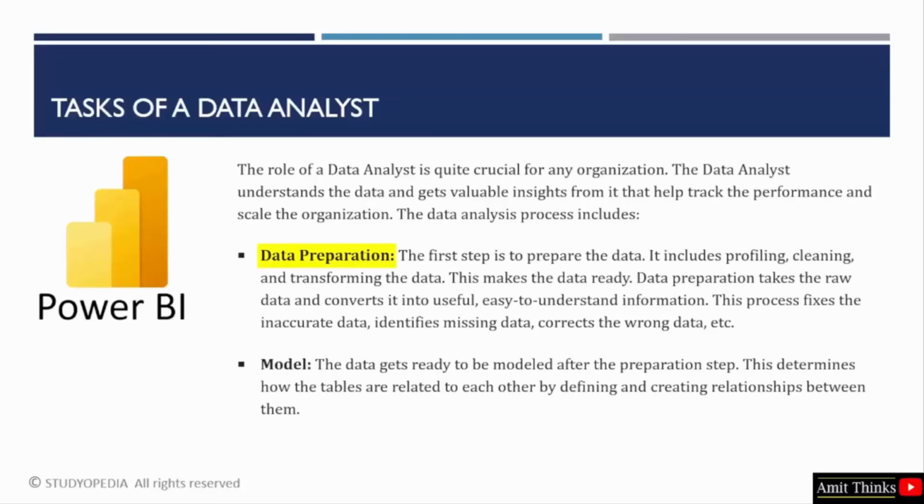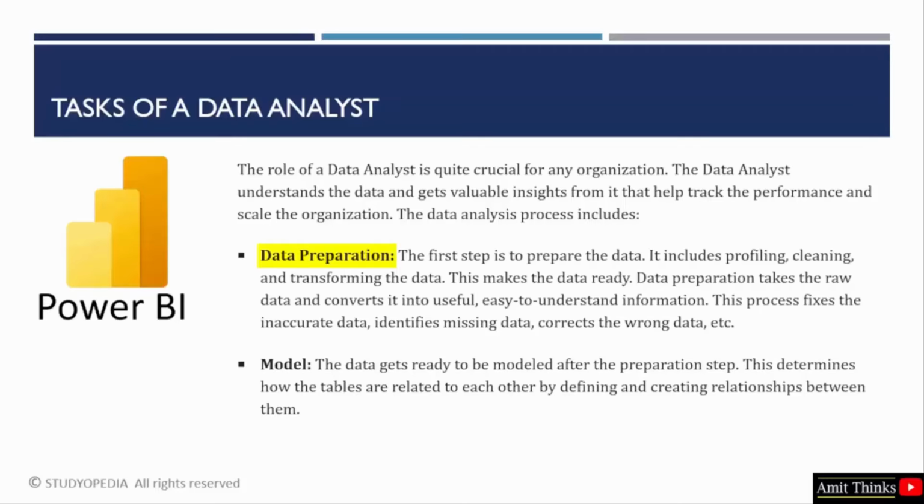There are some missing values or some values which are flawed. Then the data analyst prepares the data. It will take that particular raw data and convert it into useful, easy to understand information. As I told before, it includes fixing the inaccurate data, identifying the missing data, fixing the duplicate values.